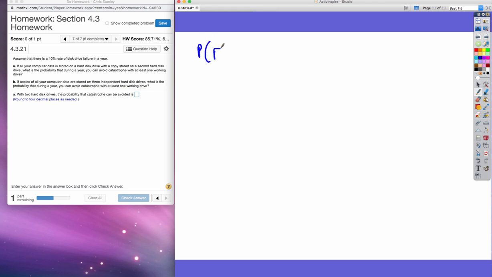Okay, the probability that they fail is 0.1. So the probability they're okay, I'm just writing this, is 0.9. So it sounds like you have 2 hard drives, and we need to avoid catastrophes.